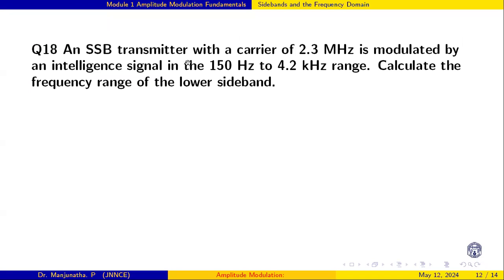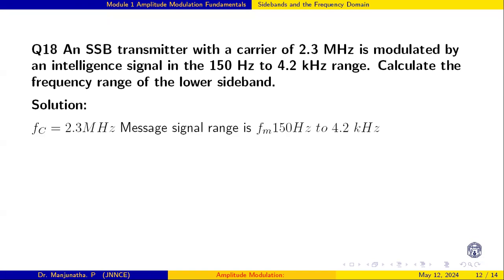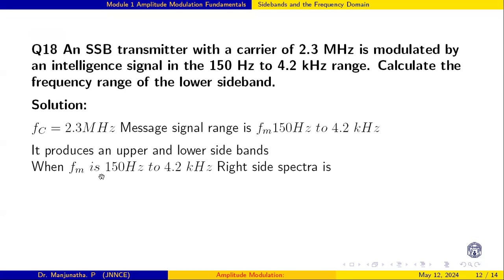A 2.3 megahertz SSB transmitter carries a signal of 150 hertz to 4.2 kilohertz. Calculate the range of frequencies. Now fc is 2.3 megahertz and the message frequency is 150 hertz to 4.2 kilohertz. It produces upper and lower sidebands.